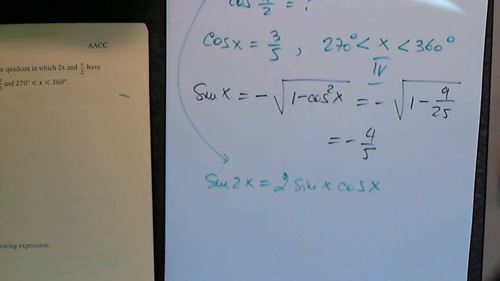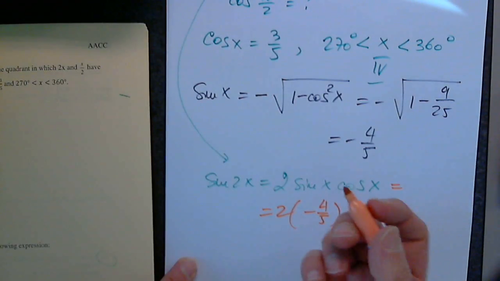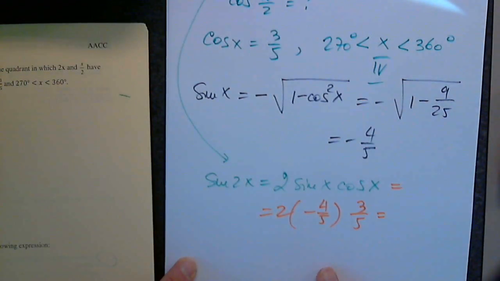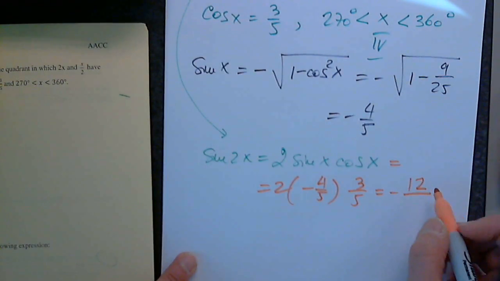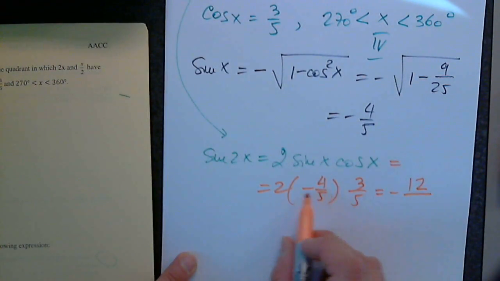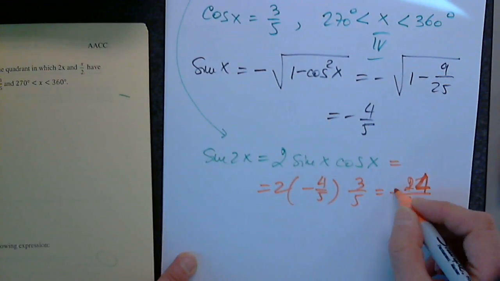I have sine, which is negative 4/5, and cosine, which is 3/5. When I multiply, I get negative 12, I'm sorry, negative 24 over 25.